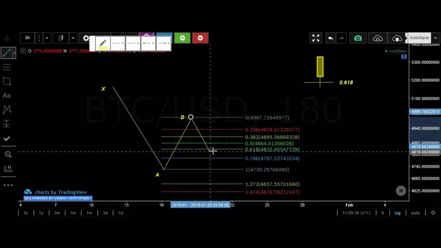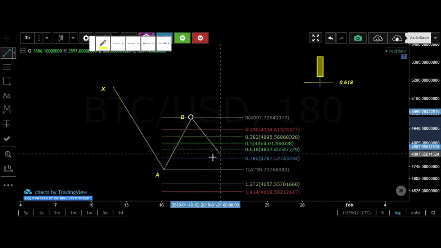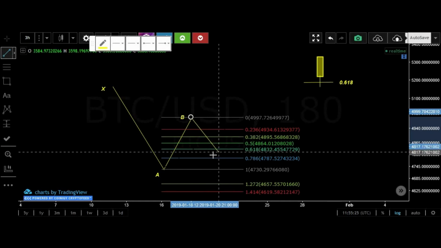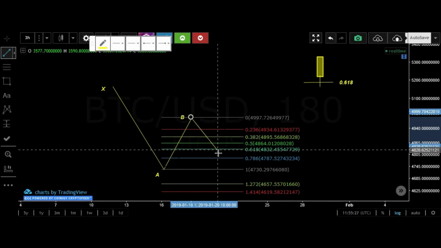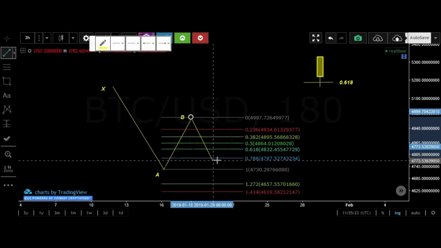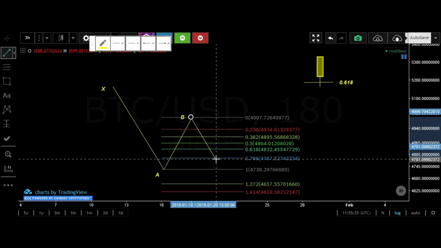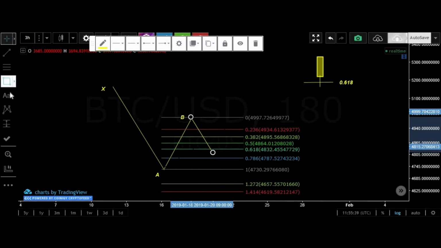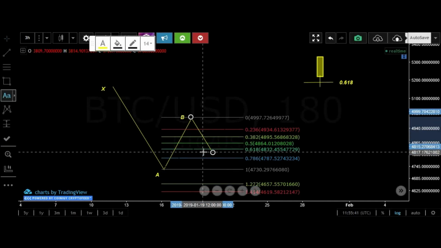Why I'm still sticking to these two levels is because we must have the body of the candle ranging between the 0.618 down to the 0.786, but it must not close below the 0.786. So if we have something like this, we'll call it the C leg.